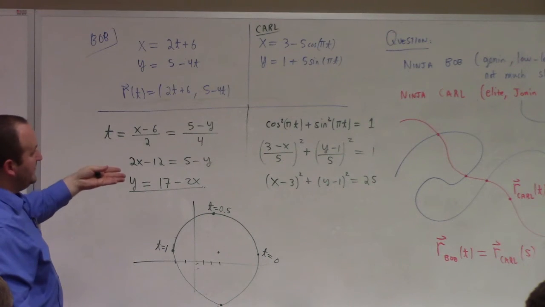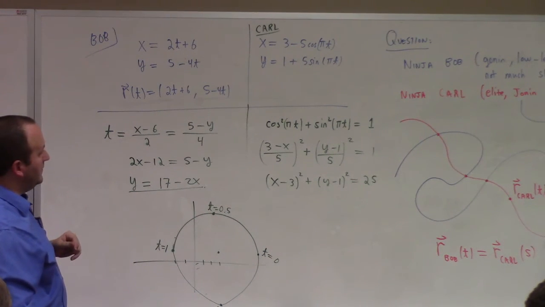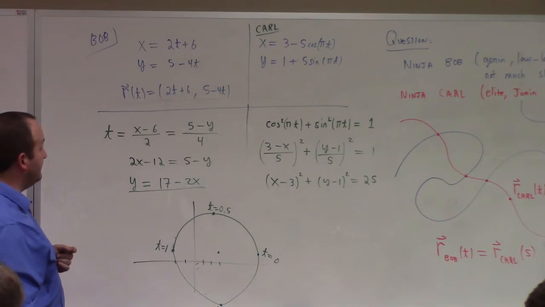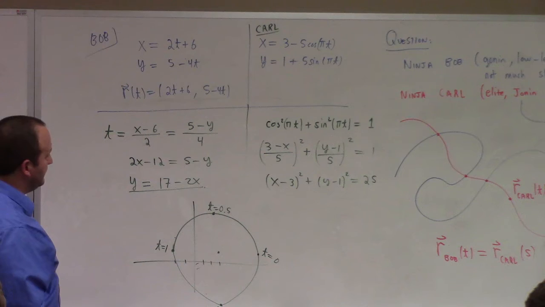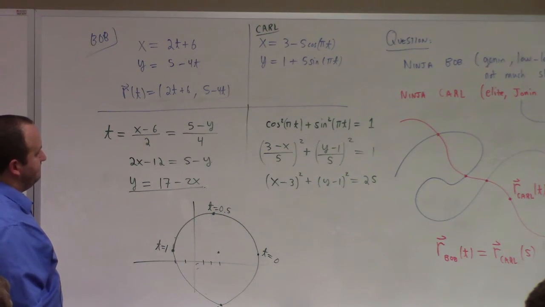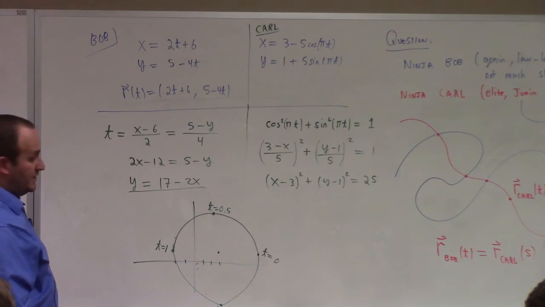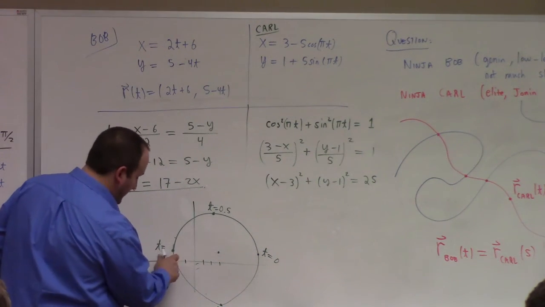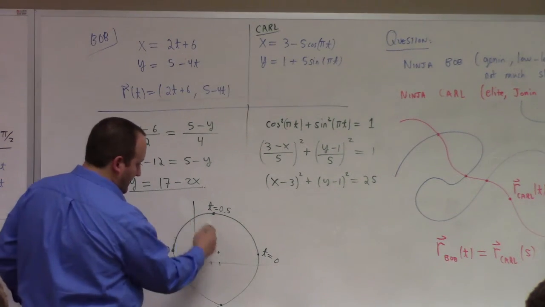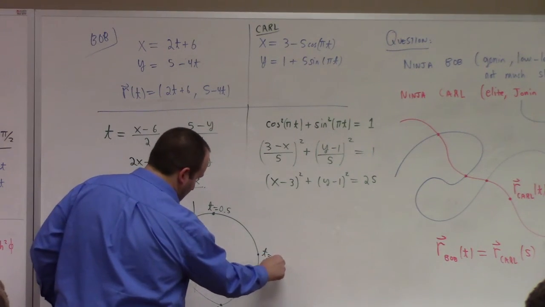Where am I starting? Put t equals 0 in Carl's formula: 3 minus 5, right? So t equals 0 is over here, and this is actually t equals 1.